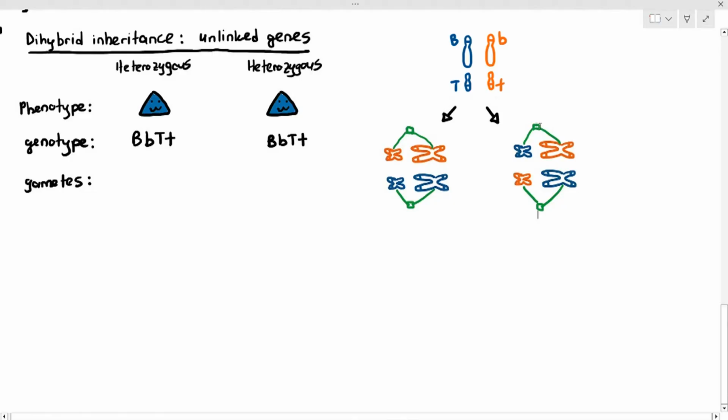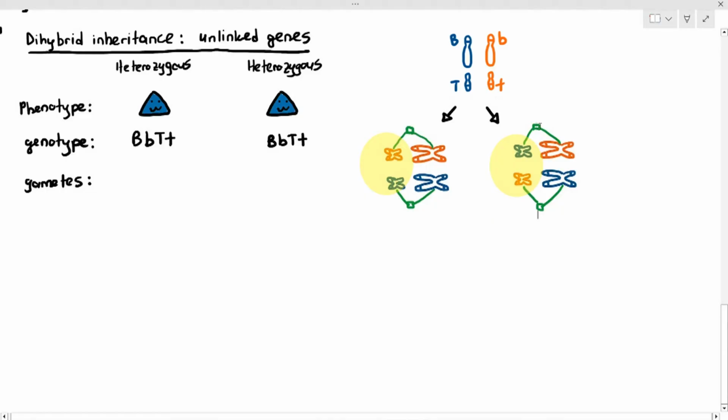But during random assortment, they can spontaneously swap places. As you can see here, I hope you can appreciate this. As you can see, one of the bivalents have swapped places. I'm just highlighting it there.